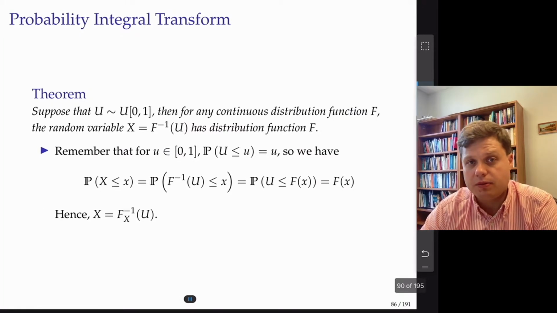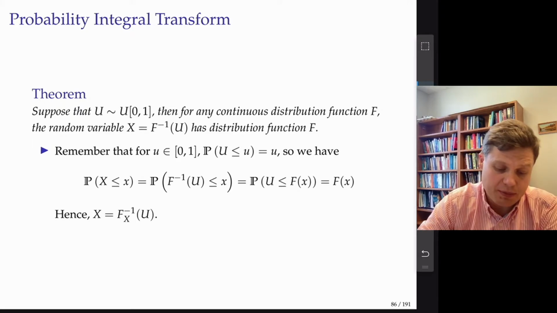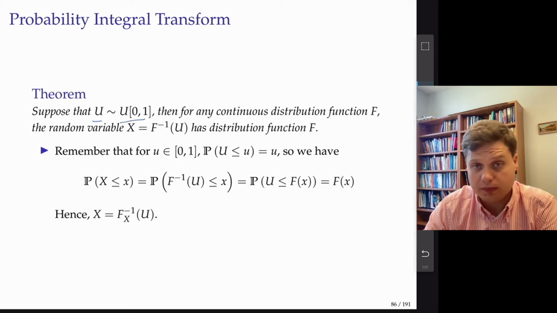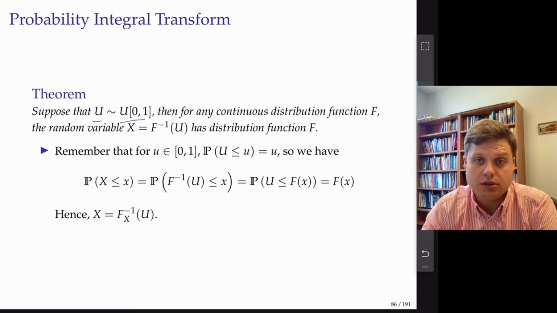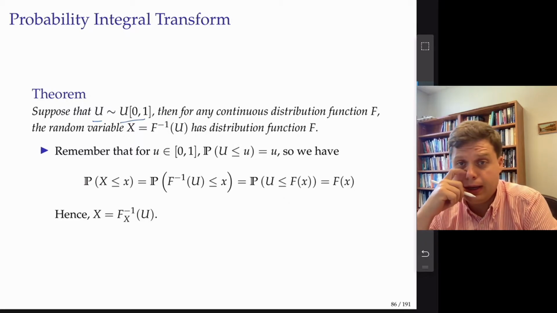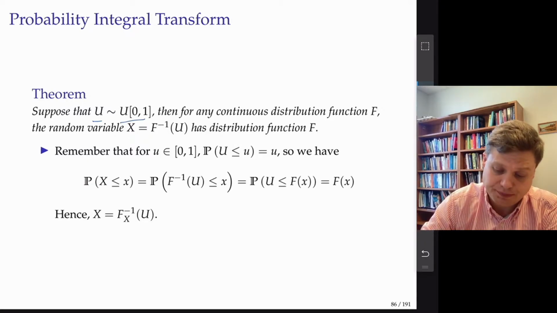And this is probably the most important one, and this is the relationship between the uniform and the target distribution. So let's say we have capital U, which is just a uniform random variable defined on 0, 1. And then we're going to have any continuous distribution function.